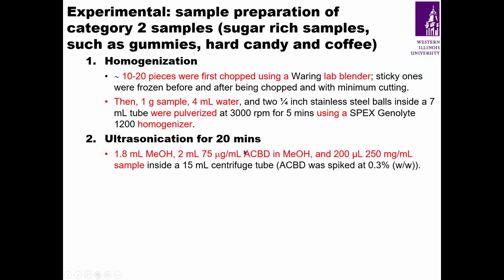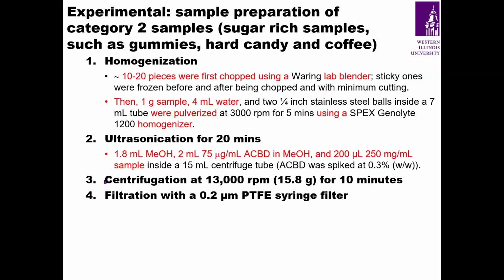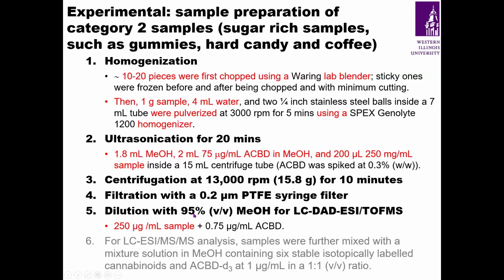Ultrasonication for 20 minutes after 1.8 milliliter methanol, 2 milliliter 75 microgram per milliliter ACBD methanol, and 200 microliter 250 milligram per milliliter sample prepared in step 1 are mixed together. Centrifugation, filtration, and dilution were the same as described previously. 200 microgram per milliliter sample were analyzed again. We use this concentration a lot.